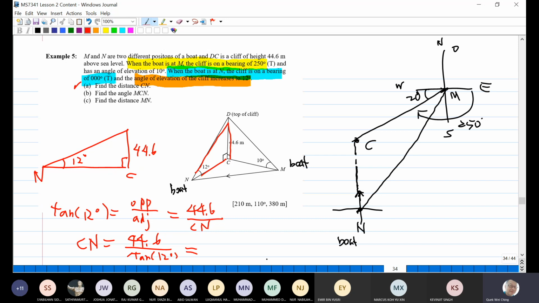That gives you 209 or 210. So this distance CN is 210.